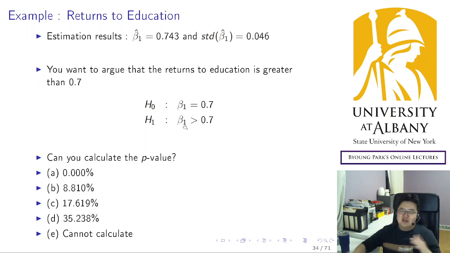Remember, in this case, you reject the null hypothesis only when your observation, your data, is larger than a certain level. So try to calculate the p-value in this one-tail test. Pause the video. I will show you the answer.